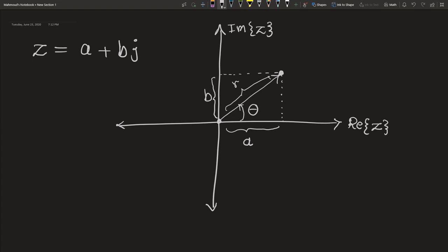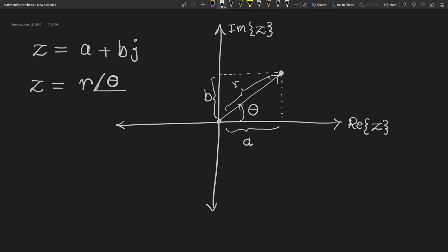In this representation, a complex number can be written as, and I'm writing this as a notation, R, and then we write an angle bracket, and then we write theta inside. This is another representation for a complex number, and it's called the polar representation of a complex number.